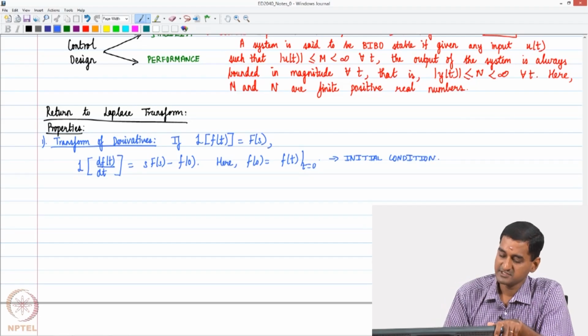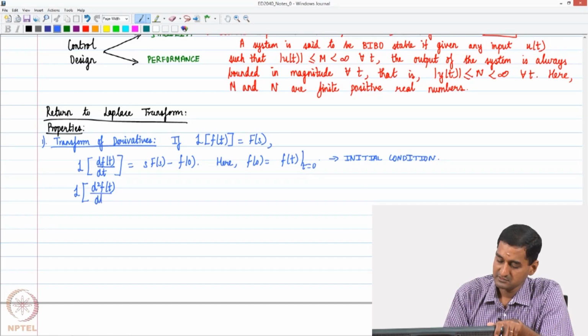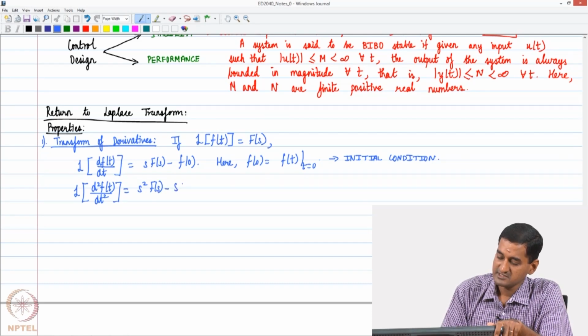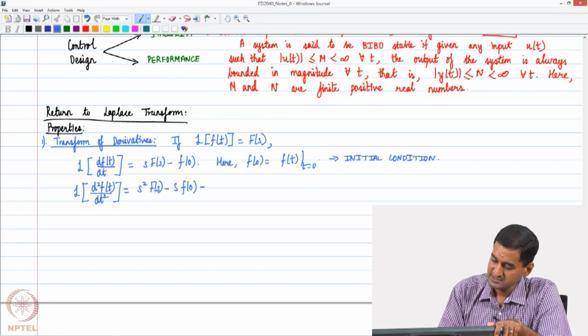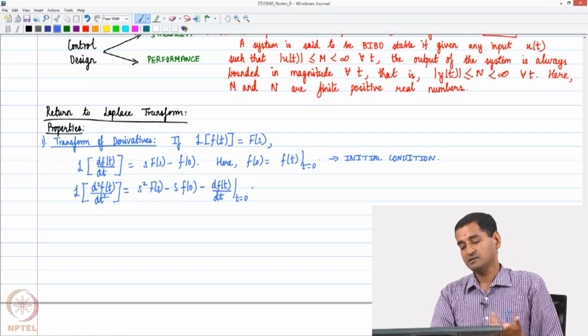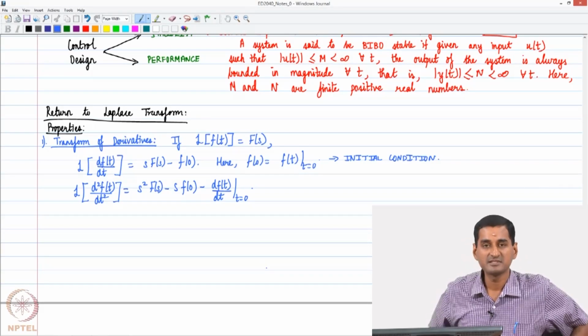Similarly, the Laplace transform of the second derivative of f, which is d squared f dt squared, is going to be s squared F of s minus s times f0 minus df dt evaluated at t equals 0. That is the Laplace transform of the second derivative.